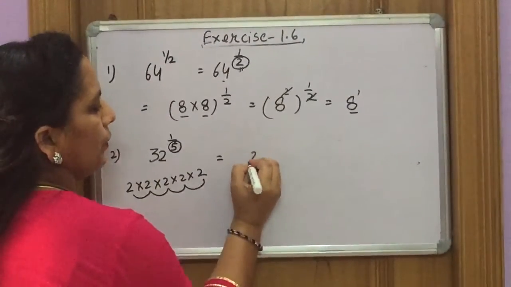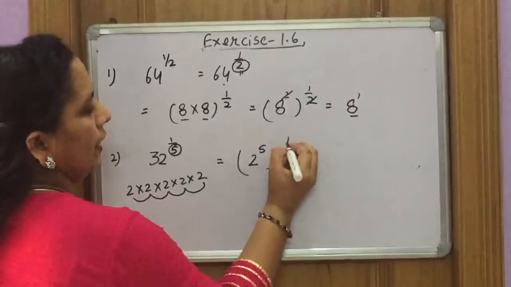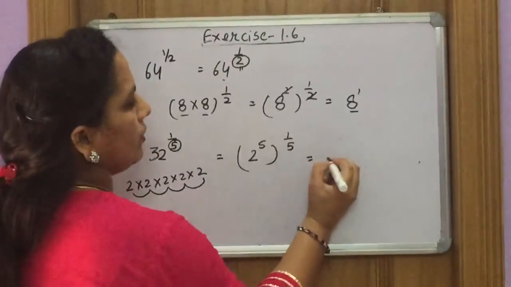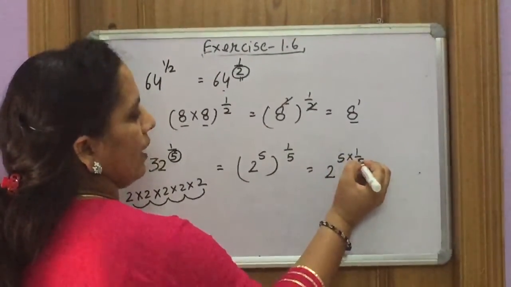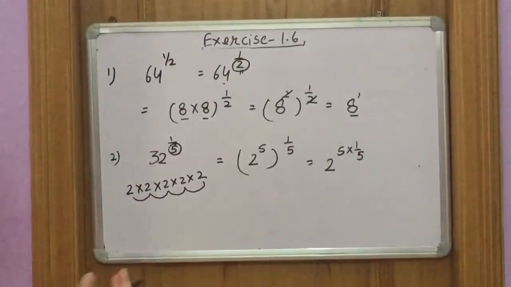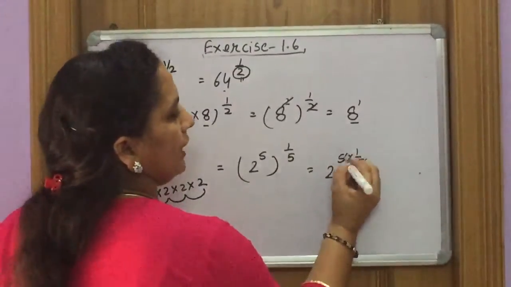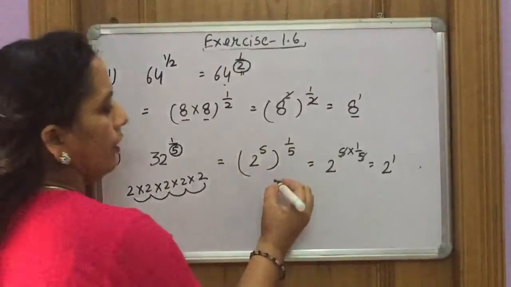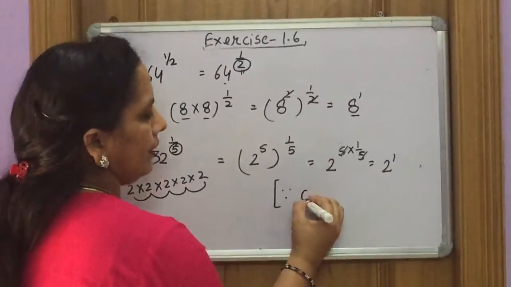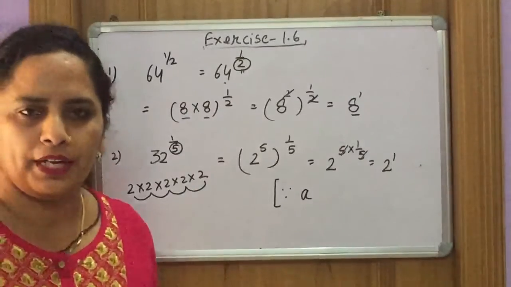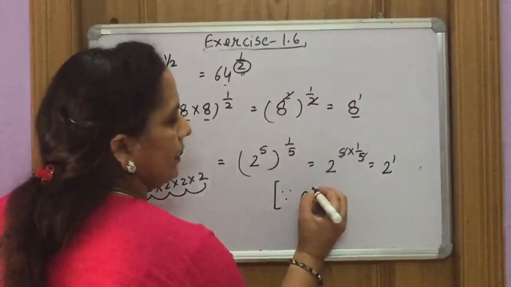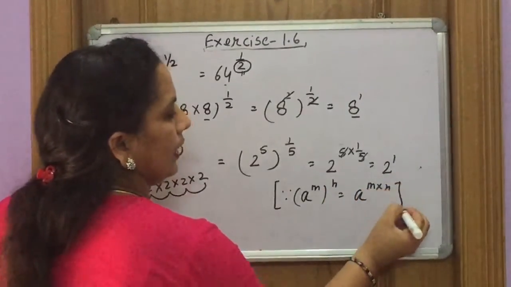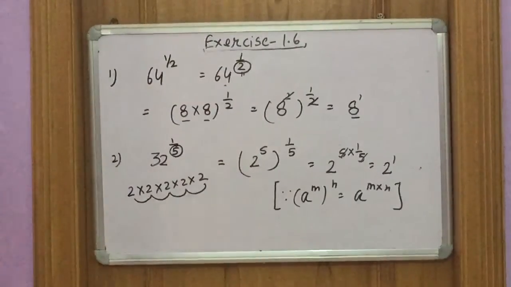So replace 32 as 2 raised to power 5, and in the outside we have 1 by 5. So we can cancel out this term because between these power we have a sign of multiply. This is law of exponent which we have already discussed. So final answer is 2 raised to power 1. Also we can write the law of exponent which we have used here, that is a raised to power m and a raised to power n, it will be equal to a raised to power m multiply n.